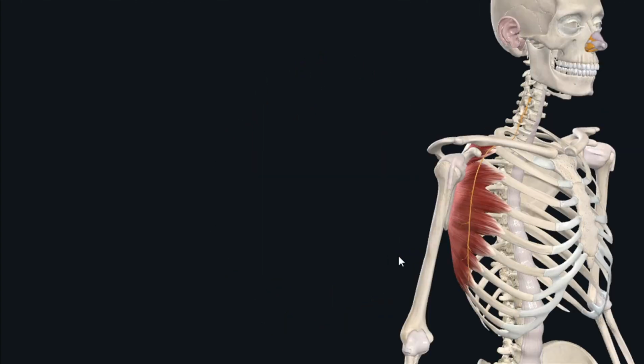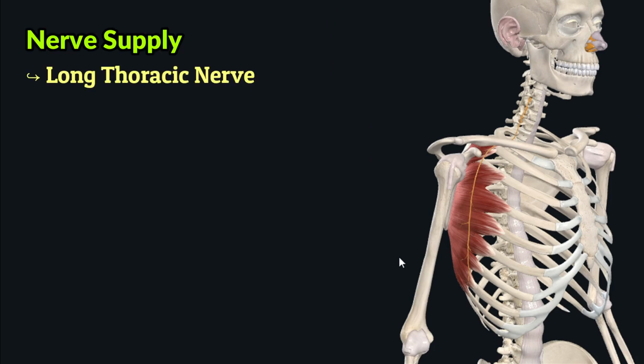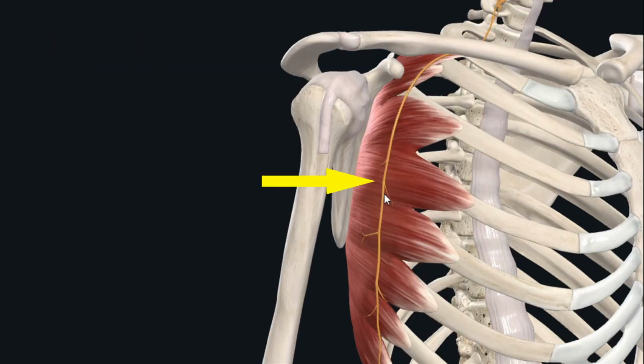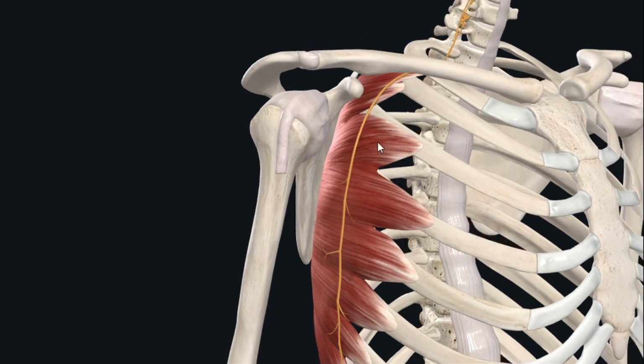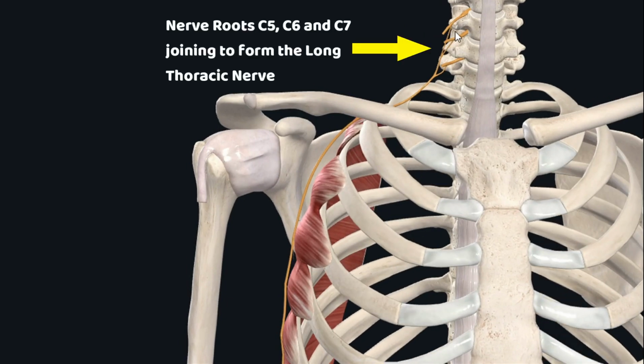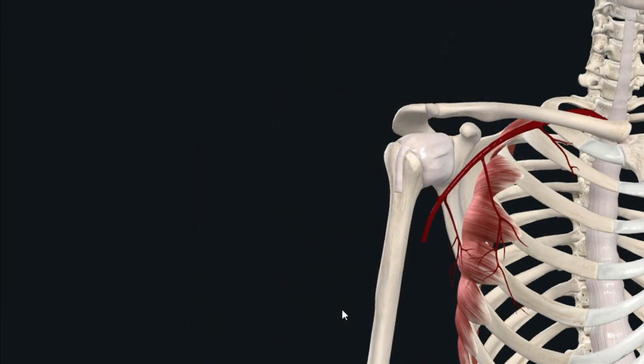Now the nerve supply: this muscle is supplied by the long thoracic nerve, which originates from the nerve roots C5, C6 and C7 of the brachial plexus. This is the long thoracic nerve, originating here at the nerve roots C5, C6 and C7 of the brachial plexus.